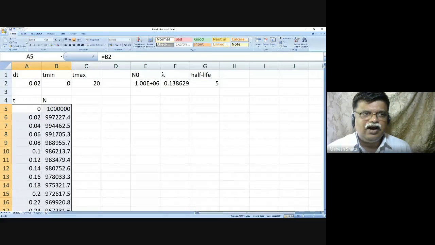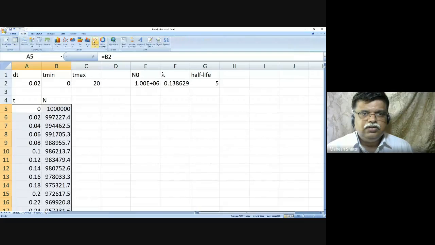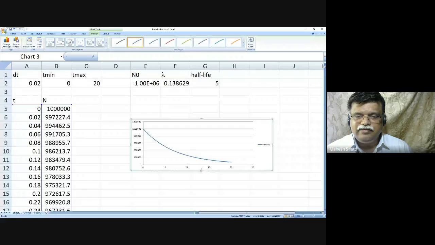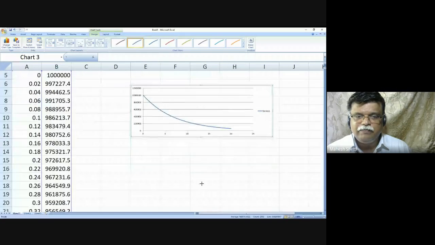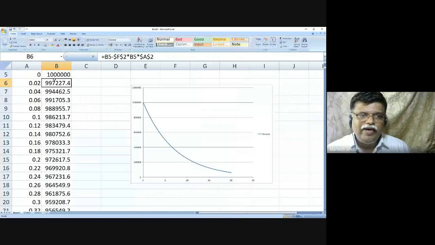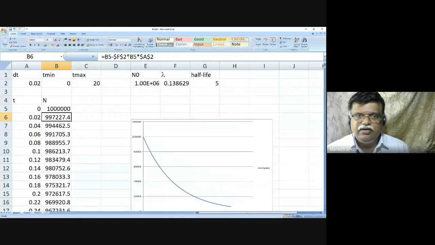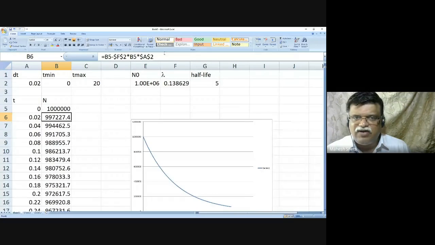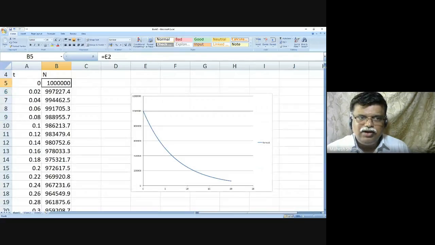And you see that nice exponentially falling behavior. Nowhere in this function have you written an exp minus a5 kind of function. So it has solved the differential equation, and this is what the solution is.